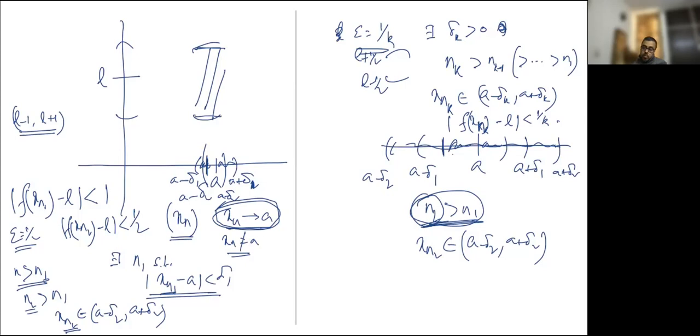So what will happen here? So for this f(xnk) subsequence, what happens?